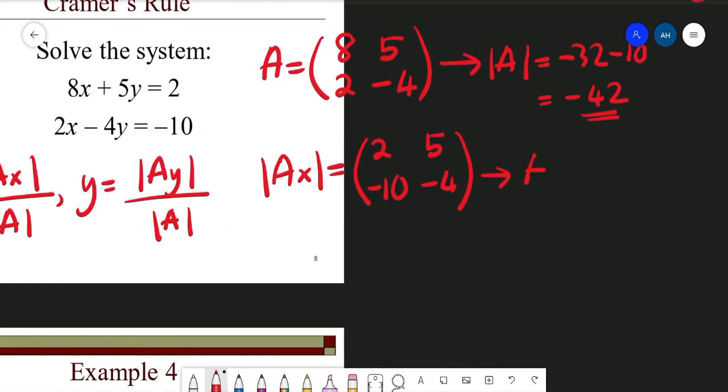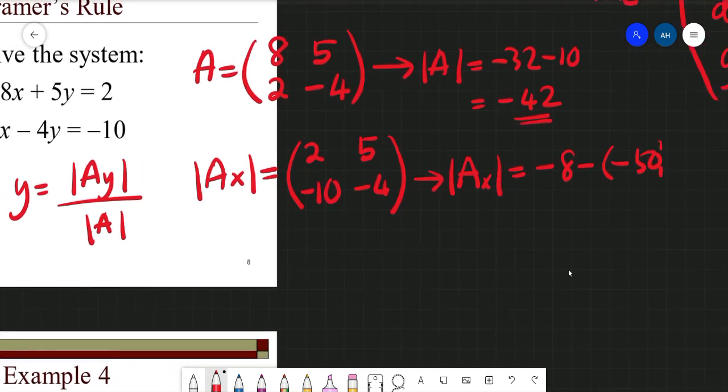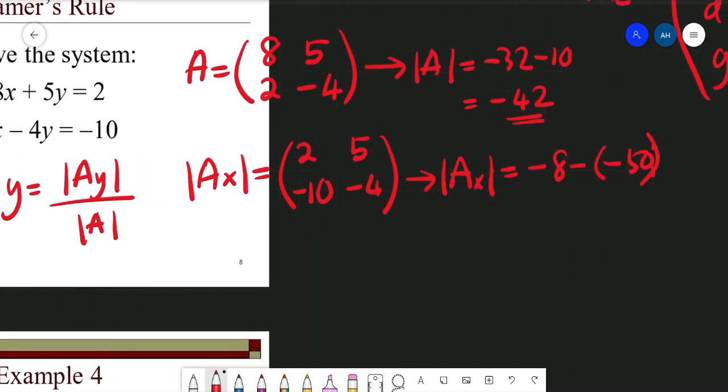This is the determinant of Ax, equal to negative 8, minus negative 10 times 5, negative 50. So this is equal to negative 8 plus 50. That is equal to 42.